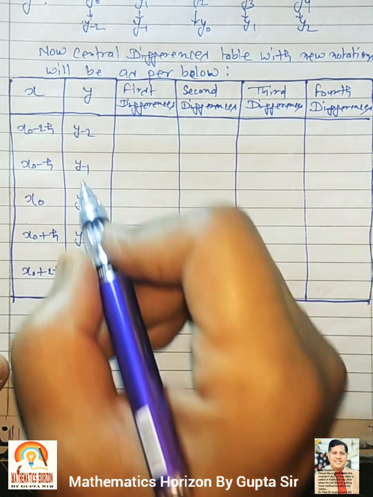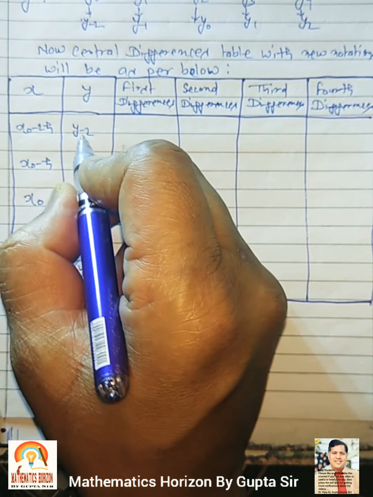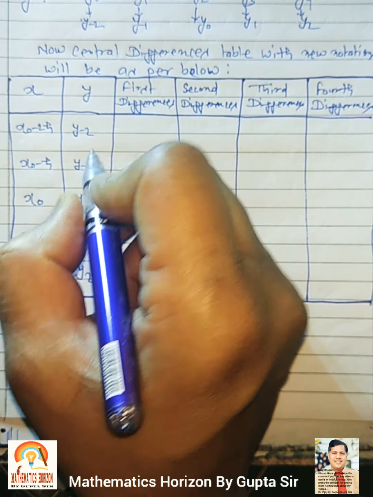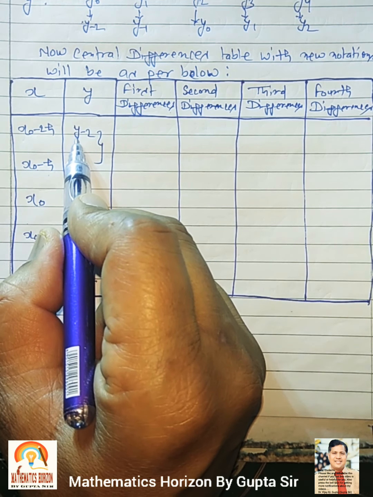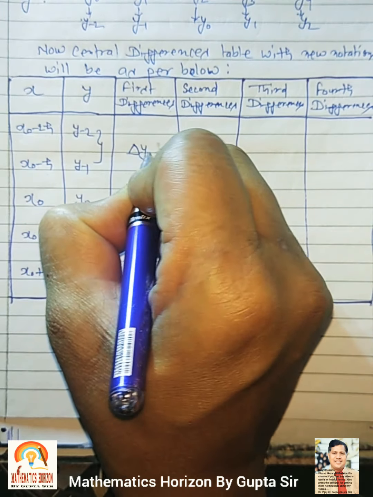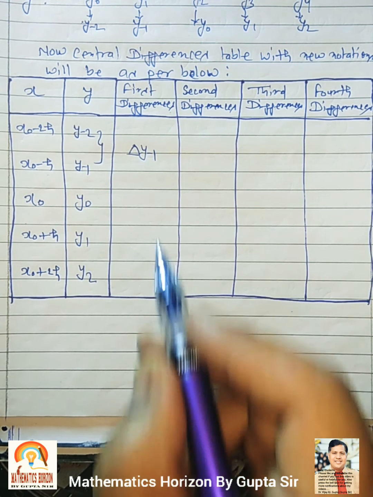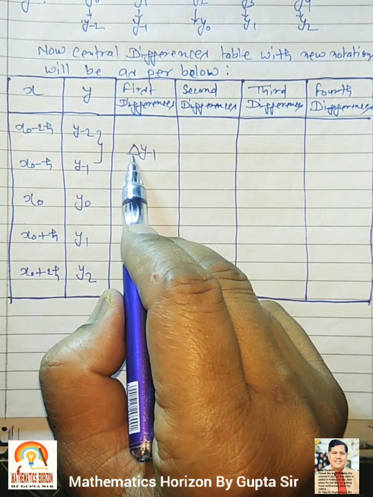Now, y minus 2, y minus 1. What is the difference of these two? This is called del y minus 1½. These are the central differences. We are using this del.